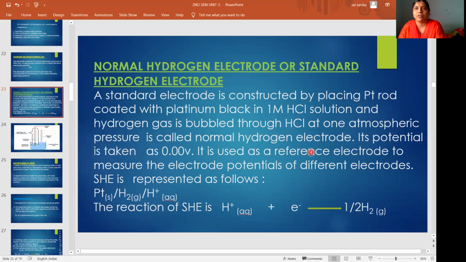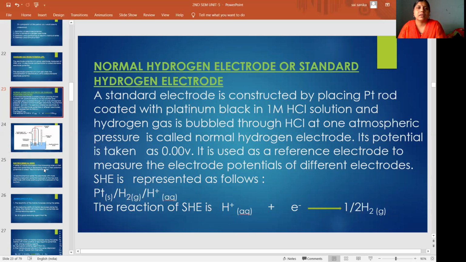For example, to measure the potential of a zinc electrode, construct a galvanic cell by taking this as the reference electrode. Here the standard hydrogen electrode is represented like this: platinum solid, hydrogen gas, H plus aqueous. The reaction is hydrogen undergoing reduction, that is, H plus ions taking electrons and forming hydrogen gas.